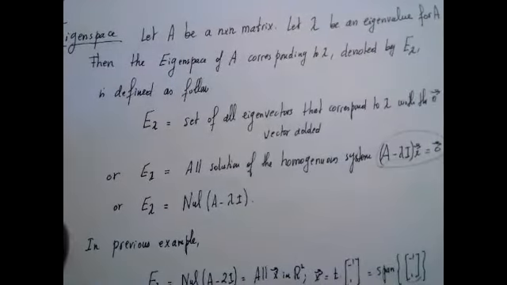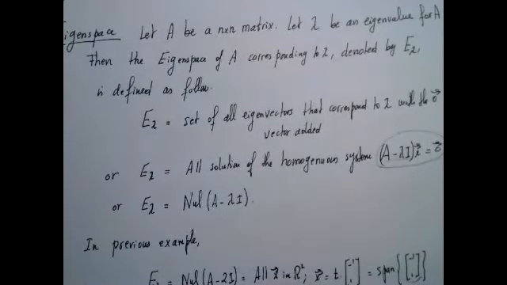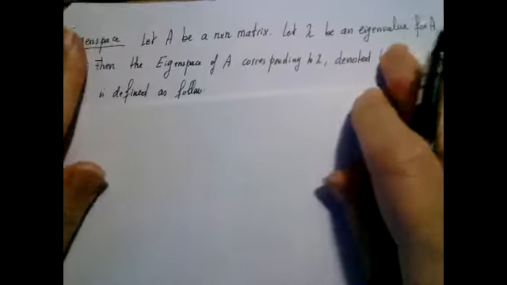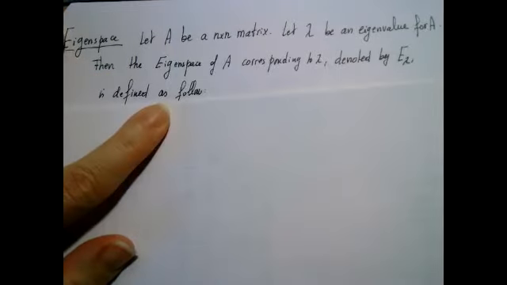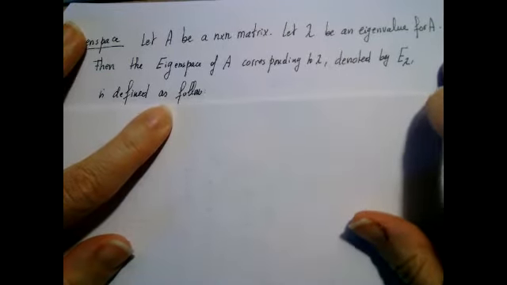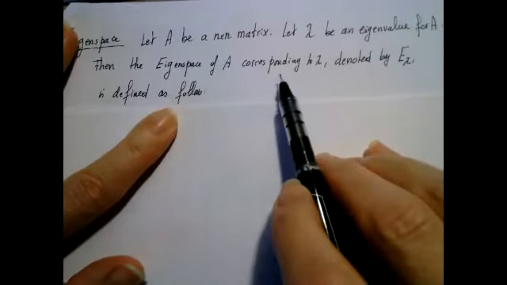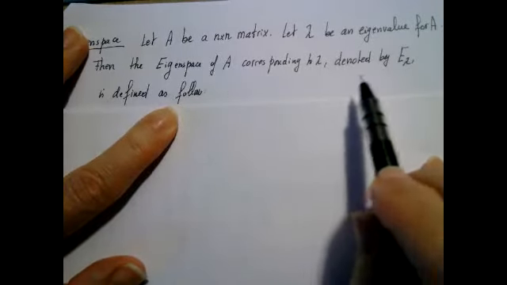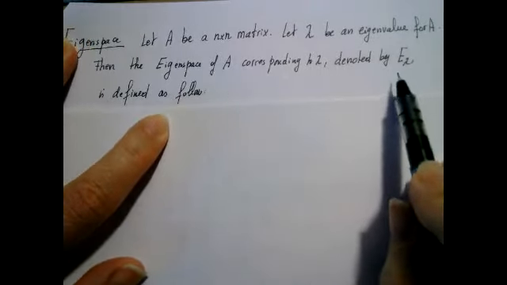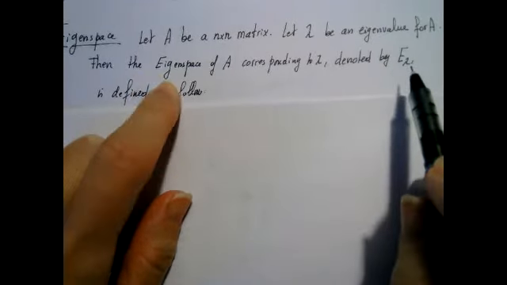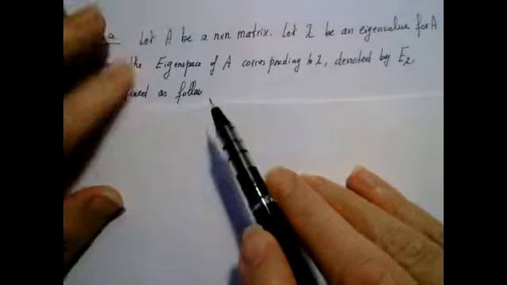So eigenspace, I read it very, very slowly. Let A be an n by n matrix, and let lambda be an eigenvalue for A, which was 10 a minute ago. Then the eigenspace of A corresponding to lambda, which we denote by E lambda, the letter E stands for eigenspace, and lambda is the eigenvalue, is defined as follows.